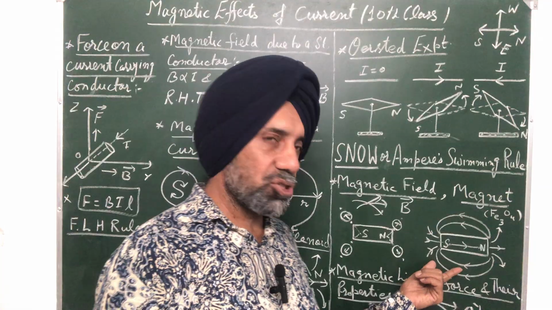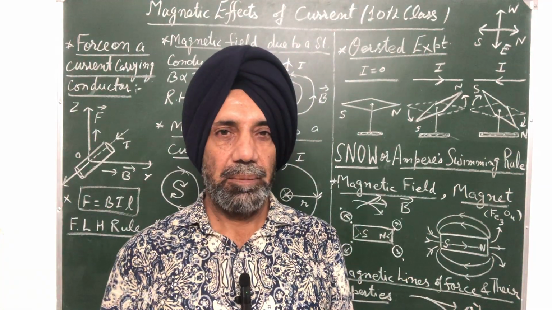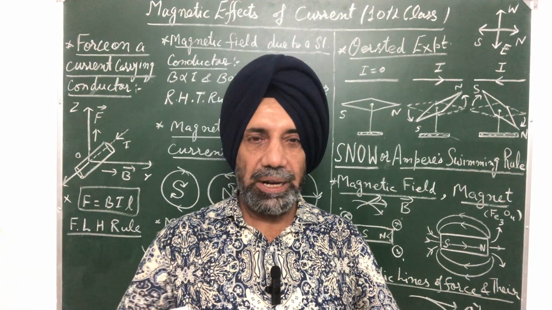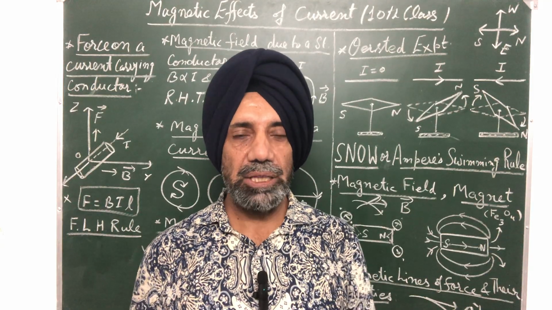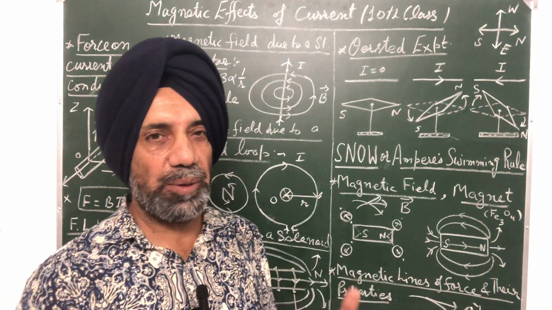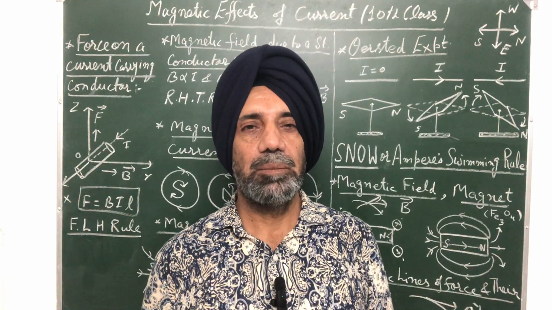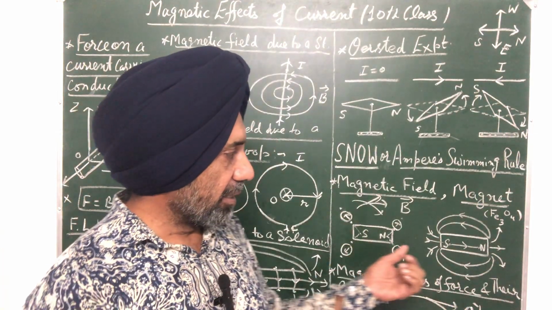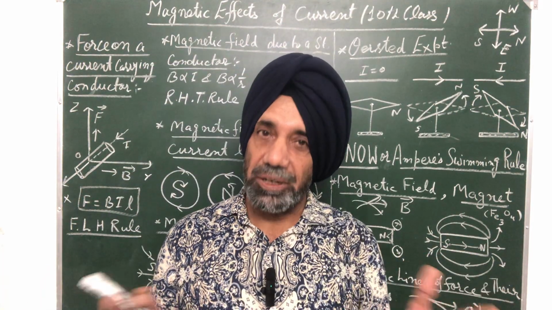Moreover, magnetic lines of force contract lengthwise. Like there is a north and south pole, they contract lengthwise. They are longitudinal. It indicates the force of attraction between unlike poles. Moreover, they exert lateral pressure.